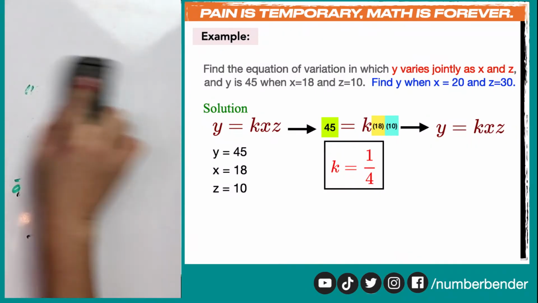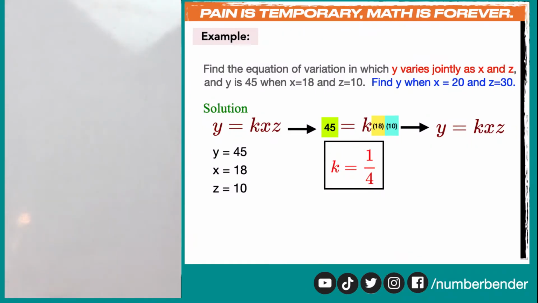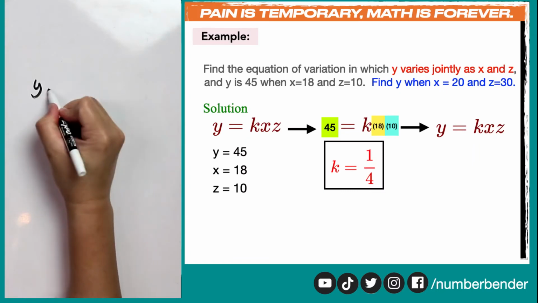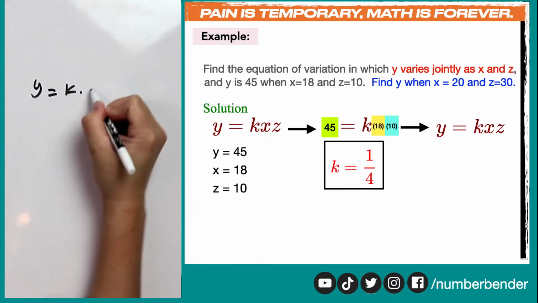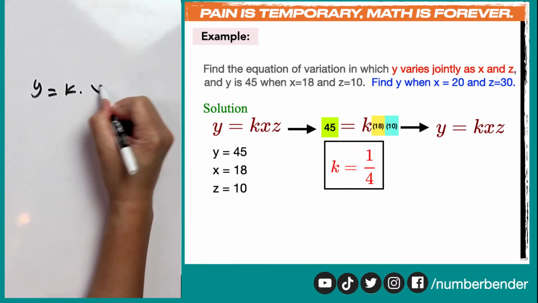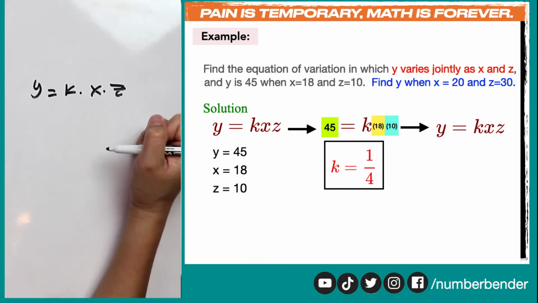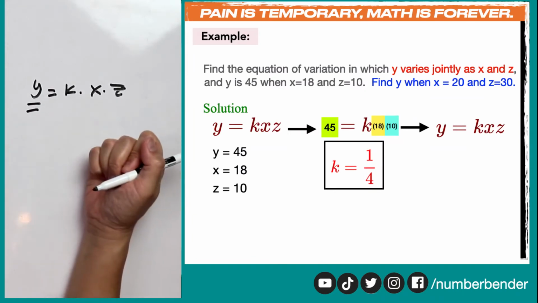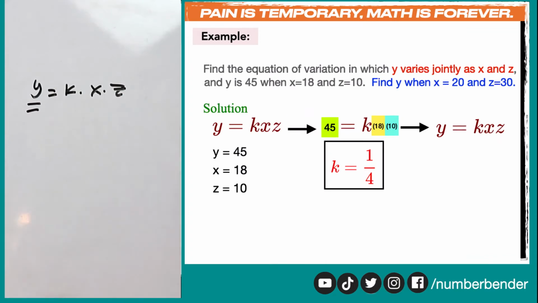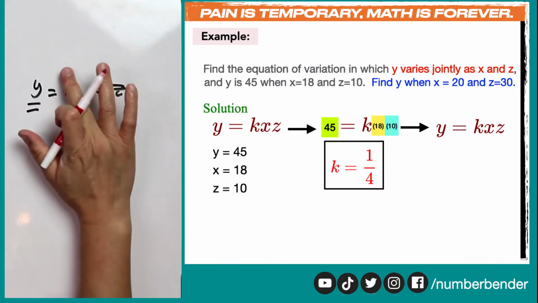So let's compute for that by substituting the values that we are working with right now, k times x times z. We know that we're looking for y this time, and we are going to use the values that are given to us for this second part of the problem.